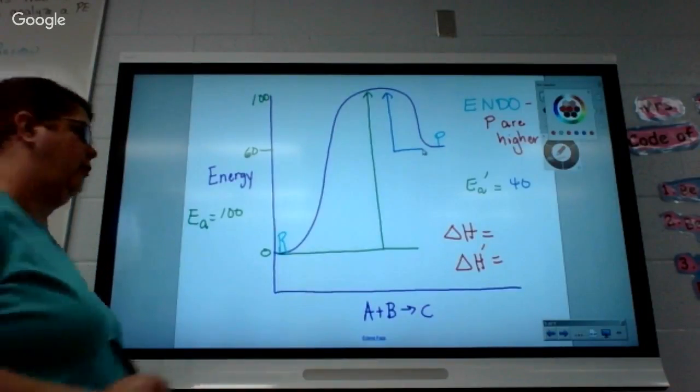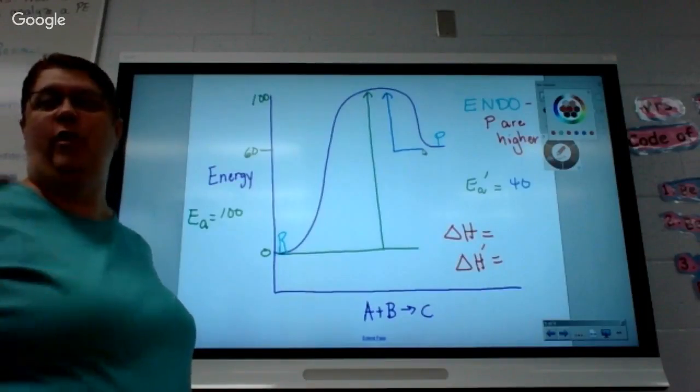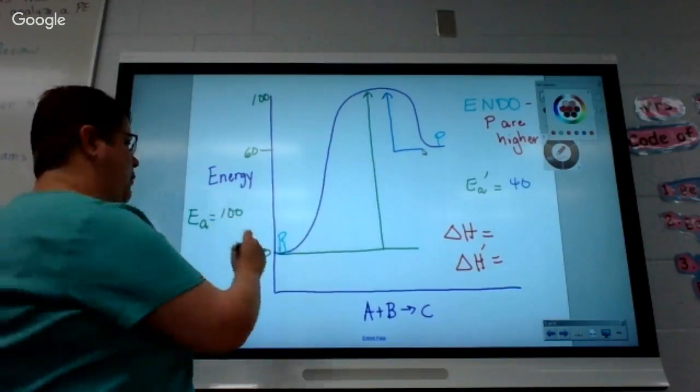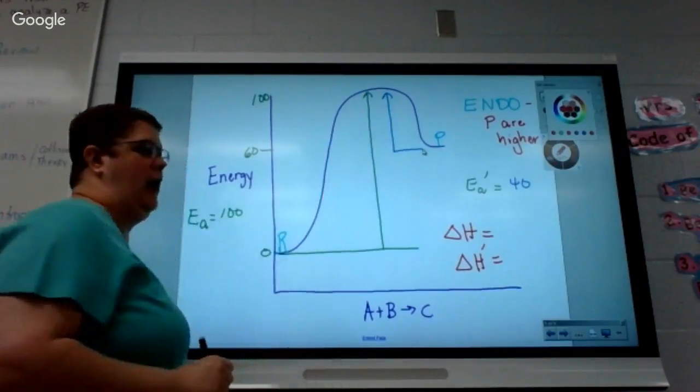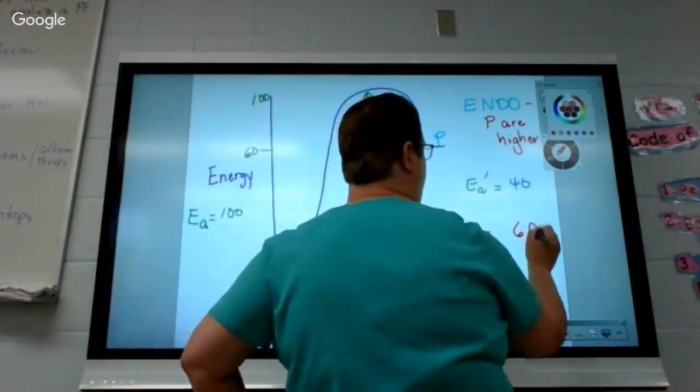So where are my reactants at? 0. Where are the products at? If I subtract from my 0 to my 60, I get 60. So I know my delta H's are both 60s.